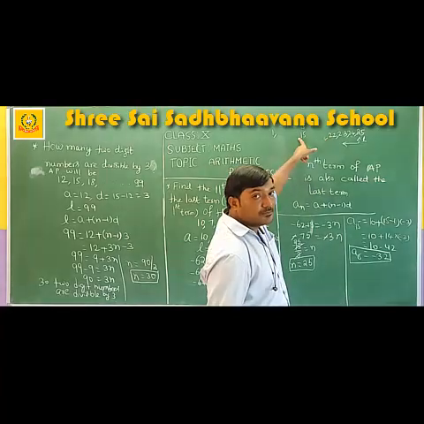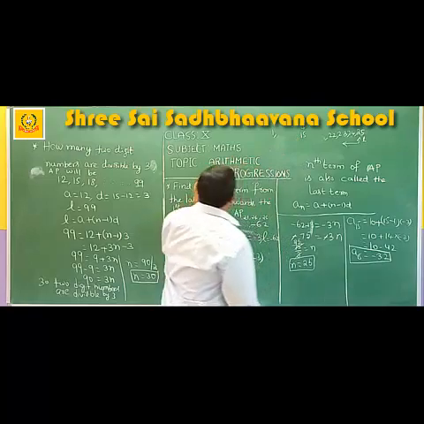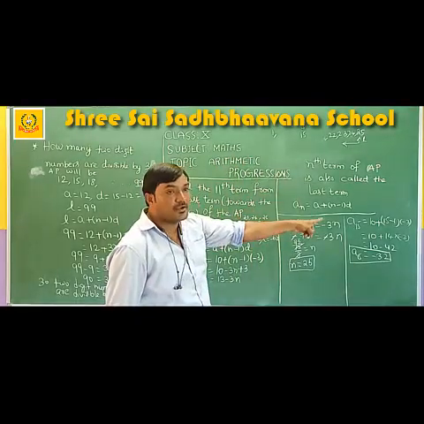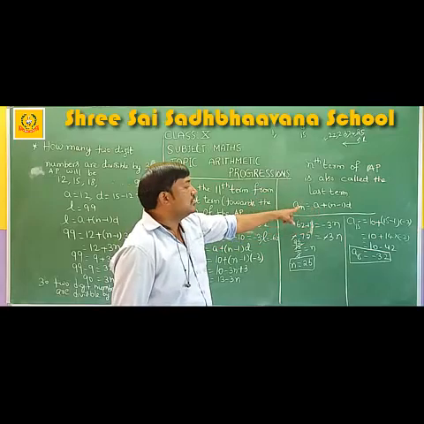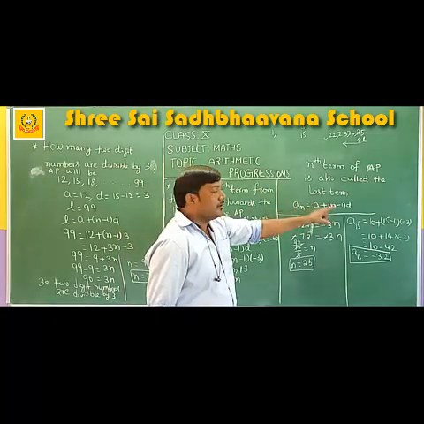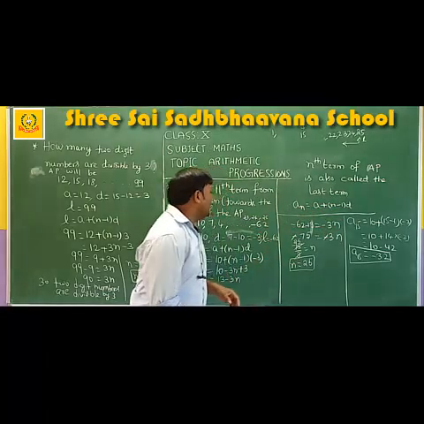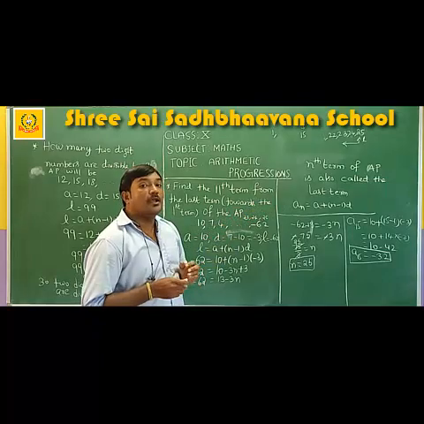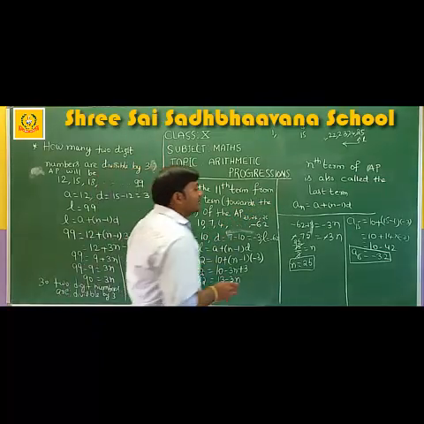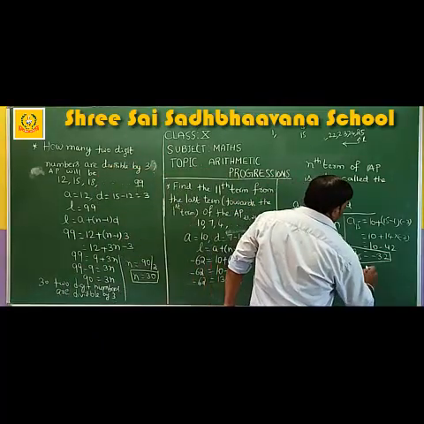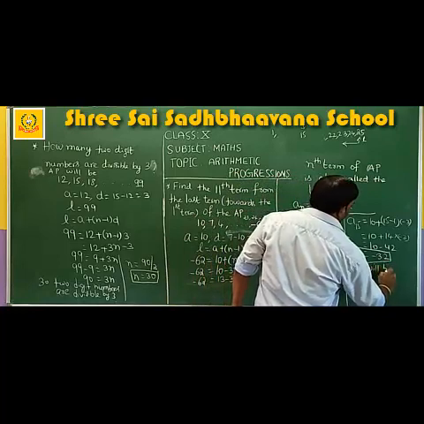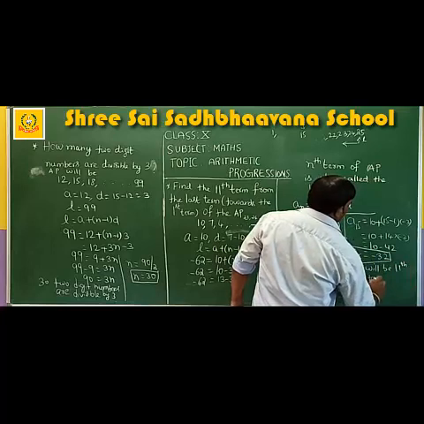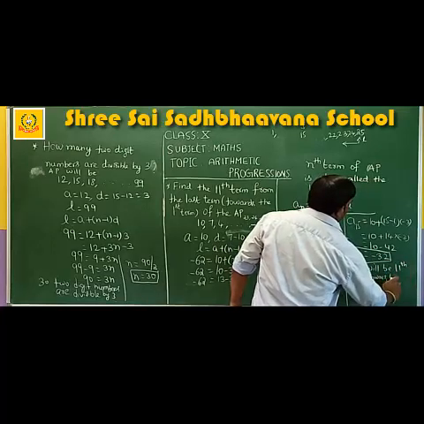The 11th term from the last will be the 15th term towards the first term. That is the reason I am finding the 15th term. Just use the An formula, replace n with 15, A and D we know, substitute. So A15 is minus 32. So minus 32 will be the 11th term from the last, towards the first term.